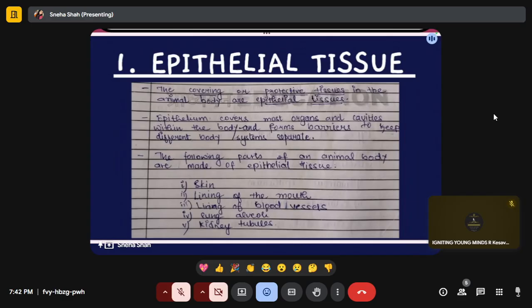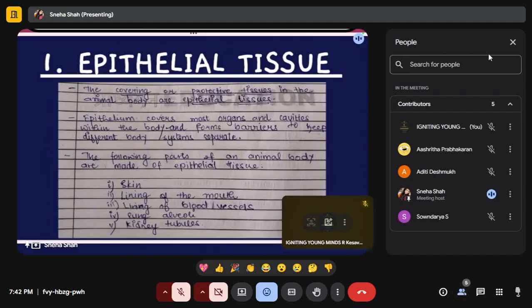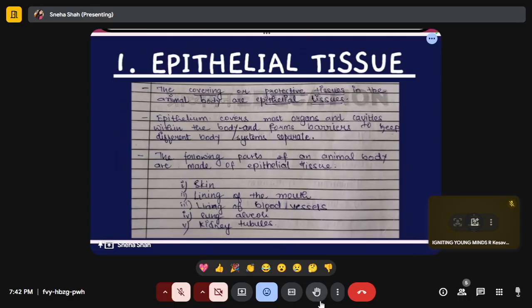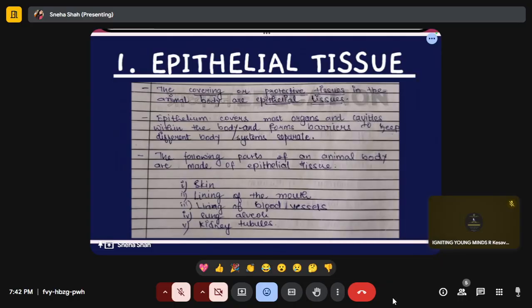It's not only the entire body, the outer covering of everything inside an organism, that is the covering of organs, covering of cavities, covering of various parts of the body, it is all formed of epithelial tissue. Epithelium covers most organs and cavities within the body and forms barriers to keep different body systems separate.